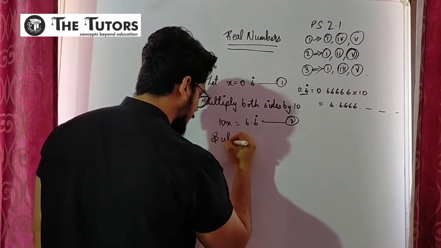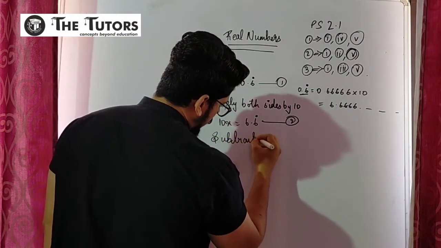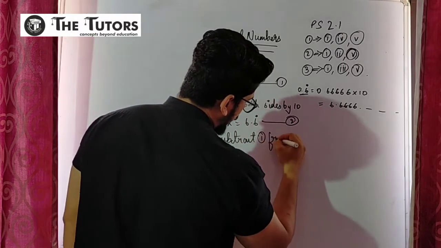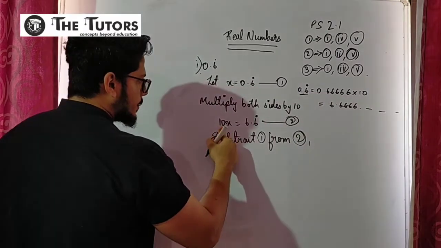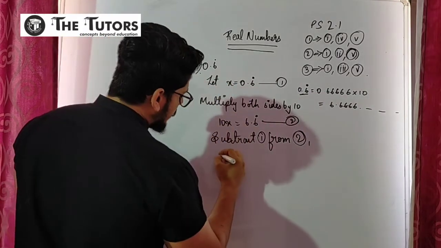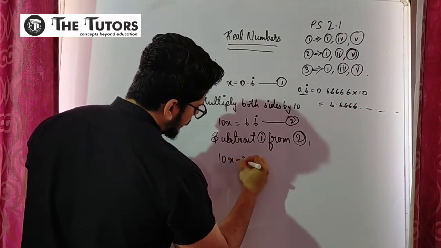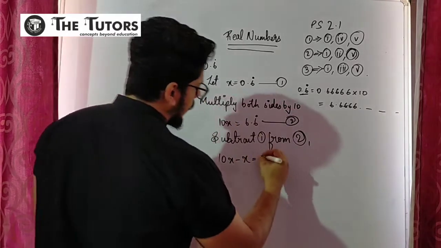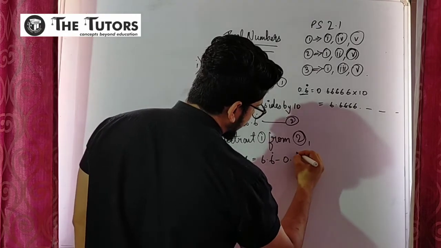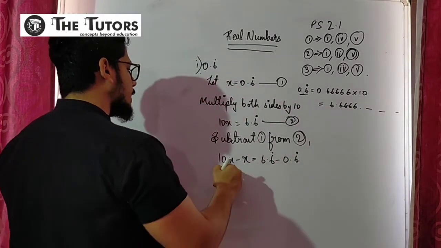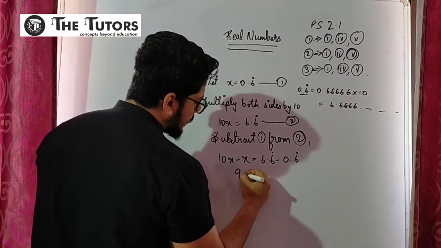Subtract 1 from 2, which implies 10x minus x. Then you have 6.6 bar minus 0.6 bar. Now let me make you clear. 10x minus x is nothing but 9x.